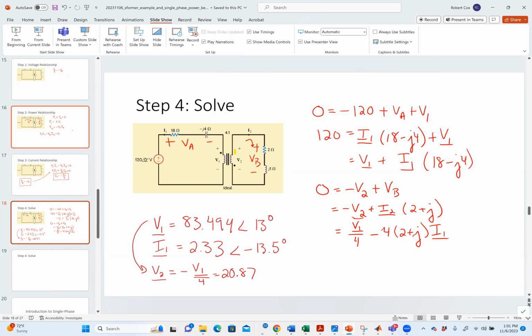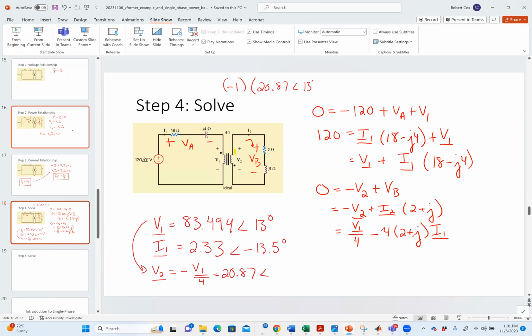Well, there's a minus sign there. What would that minus sign change? I think it's 180. So what I have here is minus 1 times 20.87 angle 13 degrees.